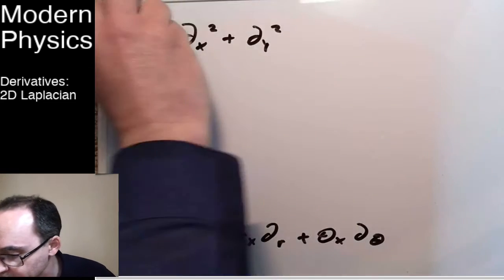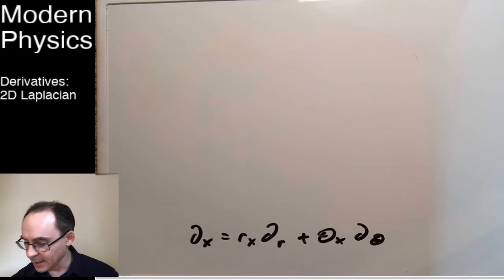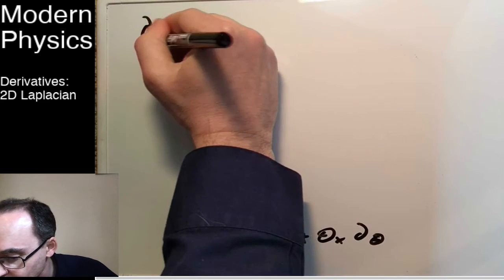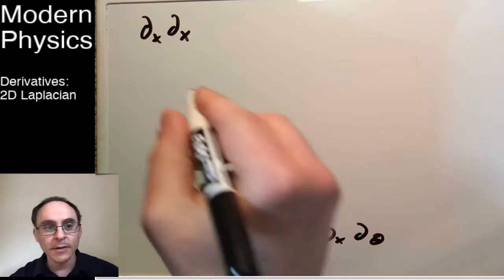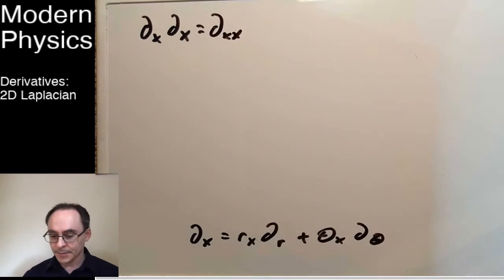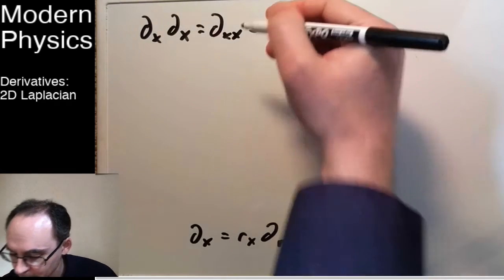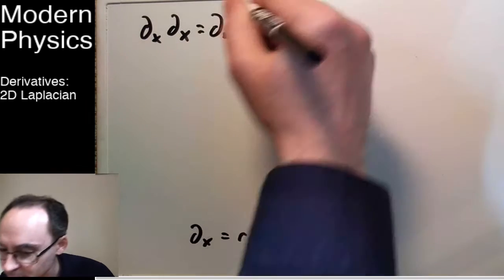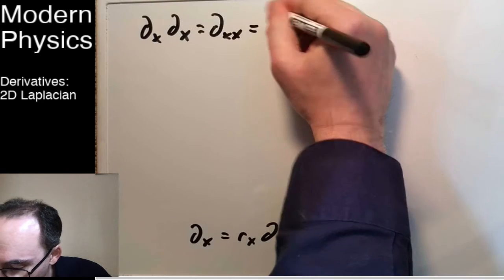To get that first term, when I take the second derivative, I'm going to indicate that by doing two subscripts here. So I'll just write it as that. And in my notation, that's equal to, I can take the derivative of this right-hand side with respect to x. That's what I want to do here.